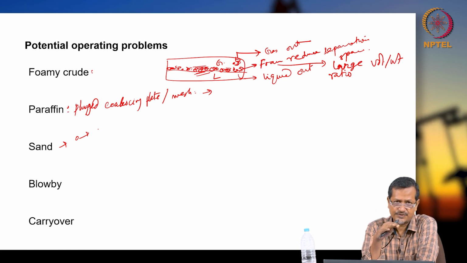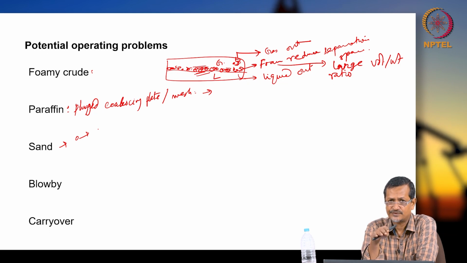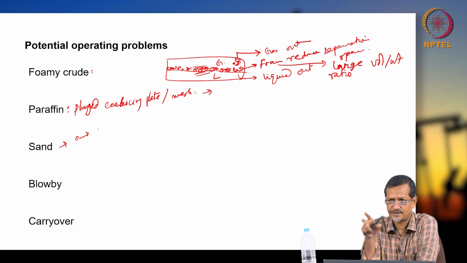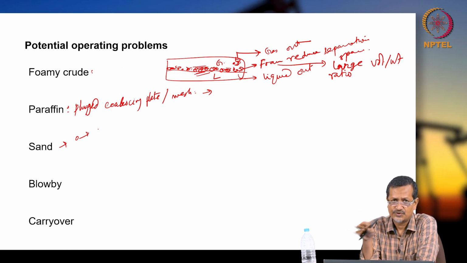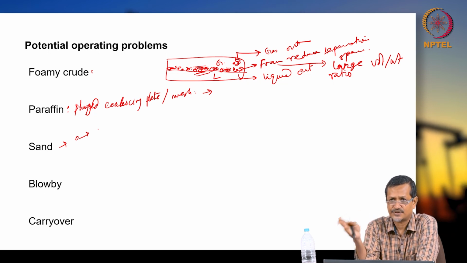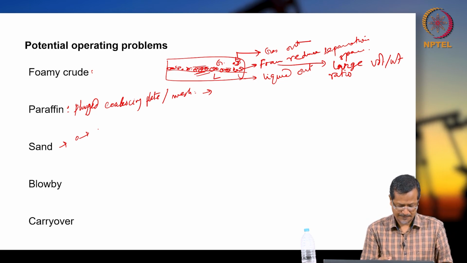Another issue is that sand will get deposited in your valves, chokes, and separator. That will be a problem. And handling sand on the surface, if you have a larger amount of sand, you have to remove all the hydrocarbon particles, then you can dispose of it. So it has multiple negative impacts on your surface separator system or oil and gas production systems. You have to handle that properly.